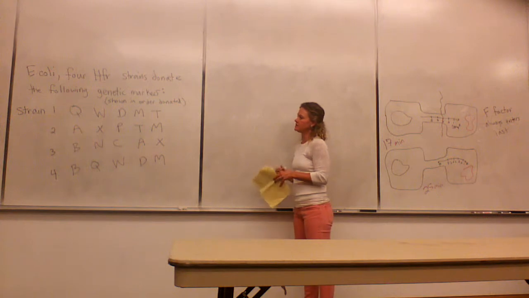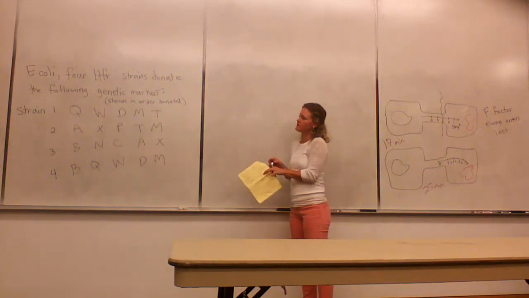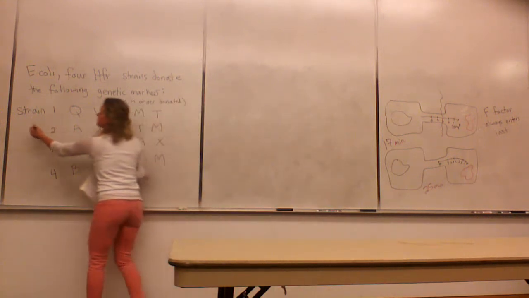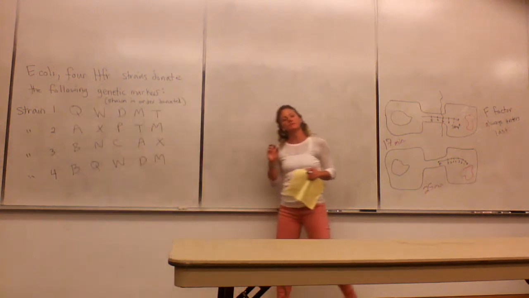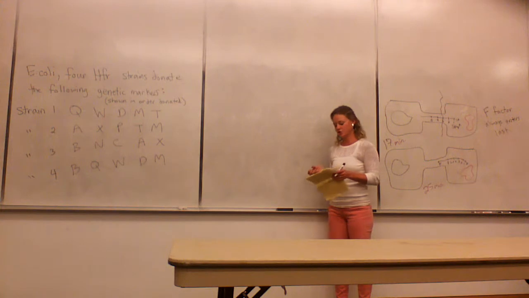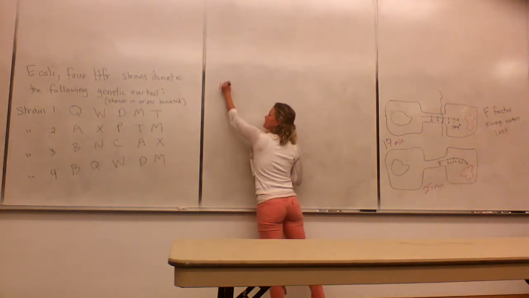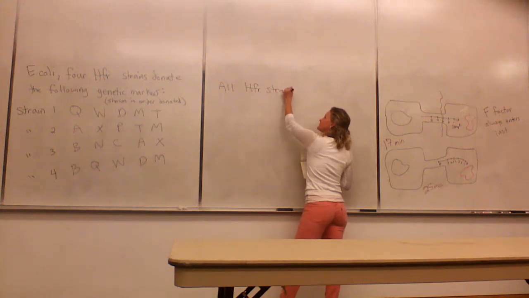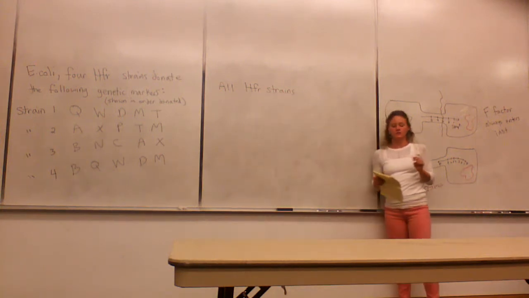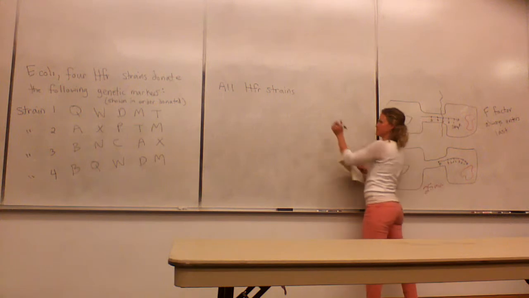So the reason is, you've been given these 4 strains, but they were all derived from the same original strain. Okay, so all of these HFR strains came from the original F+ strain.